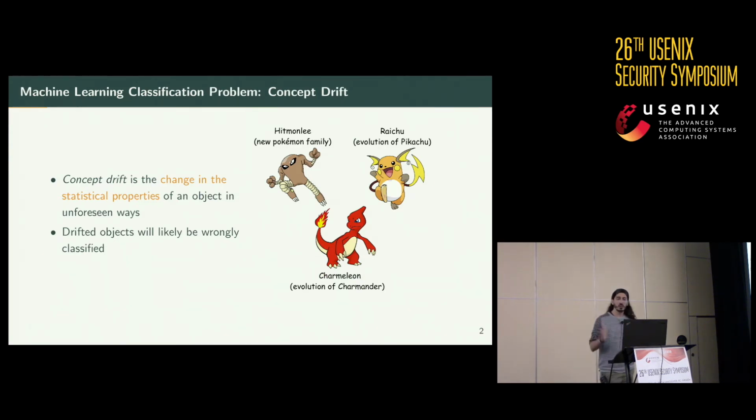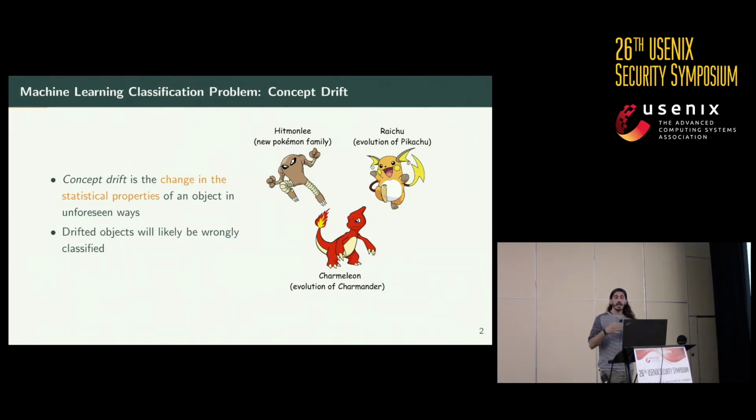On the top right we have Raichu, which is an evolution of Pikachu. Down here we have Charmeleon, which is an evolution of Charmander, and we also have a totally new family, Hitmonlee. These objects have properties that the model doesn't know at all, new properties that are statistically very different from the statistical properties that the model knows.